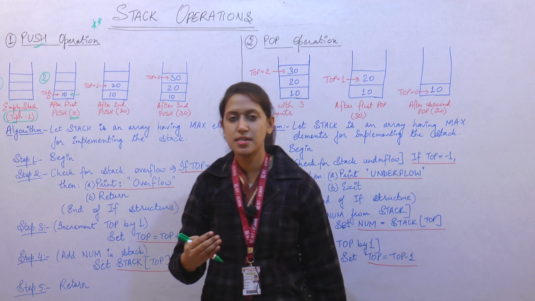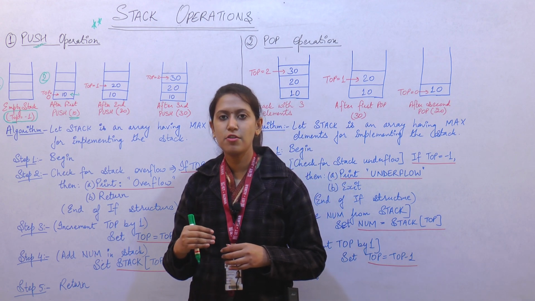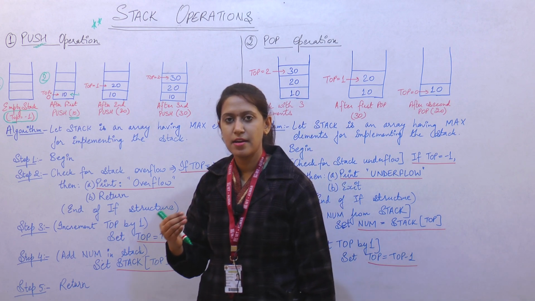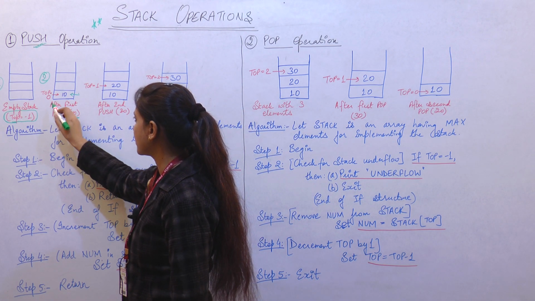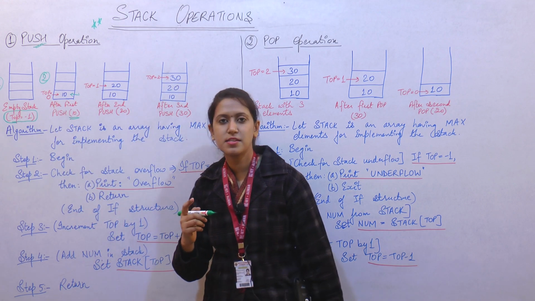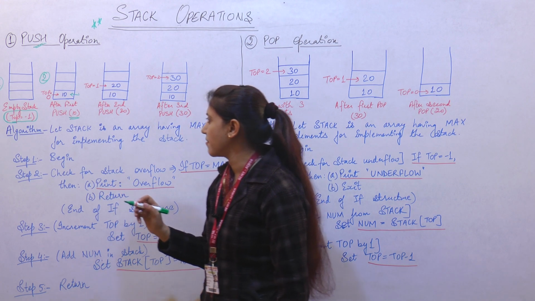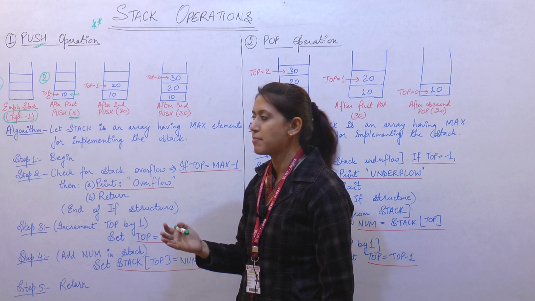Whenever we are inserting any new element in our stack, the value of top will always increment by 1. So always keep this in mind. We can only insert one element at a time, and for inserting one element at a time the value of top will always increment by 1.